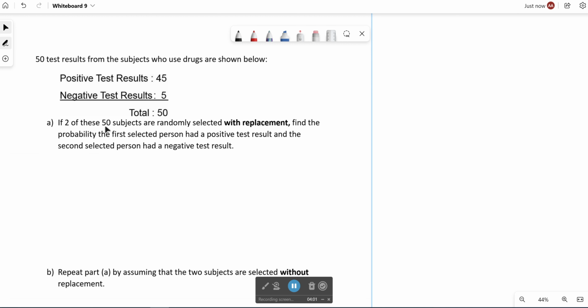First question, if 2 of the 50 subjects are randomly selected with replacement, meaning after we pick the first person, that person is put back into the pool, so each time we pick out of all 50 subjects, find the probability the first selected person had a positive test result and the second selected person had a negative test result.